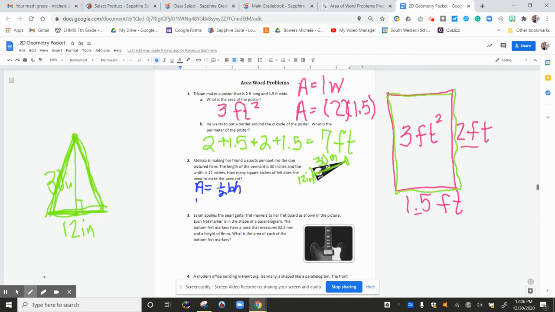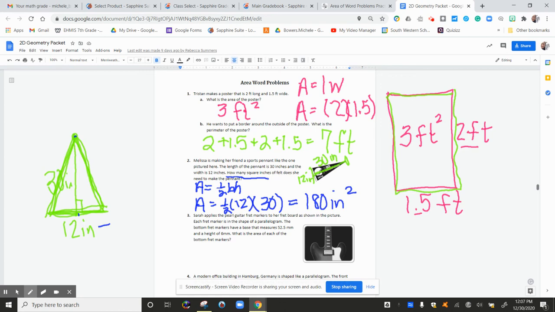Substituting, 1/2 times 12 times 30. Working that out in the calculator, I get 180 square inches. I check my answer: it asks how many square inches, and I have square inches, so I know that answers the question.